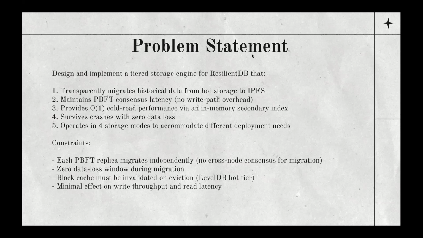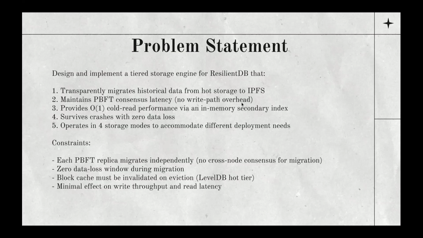The constraints I had for myself were that each PBFT replica within ResilientDB migrates independently, doesn't depend on other nodes for migration, and handles its own indexing, its own migration logic, everything. There should be no data loss at all.